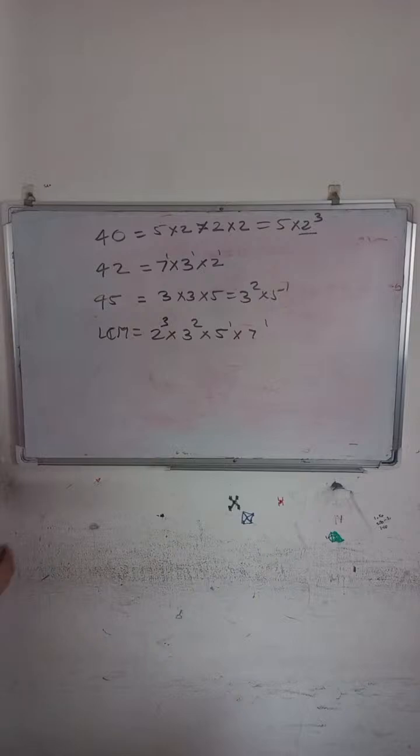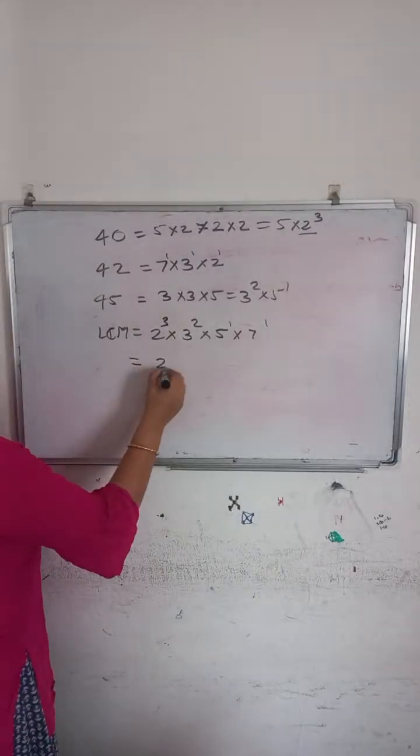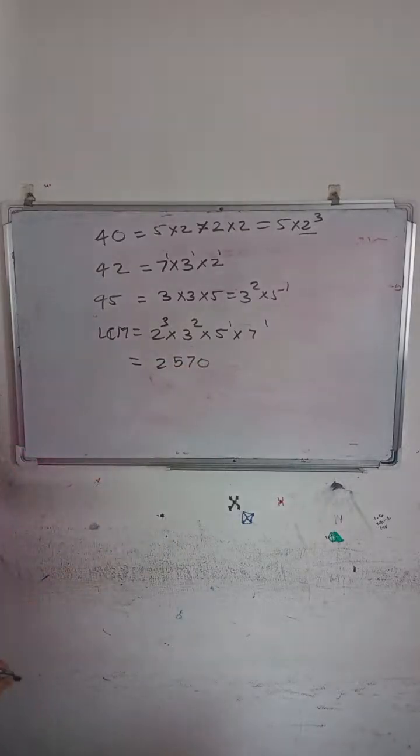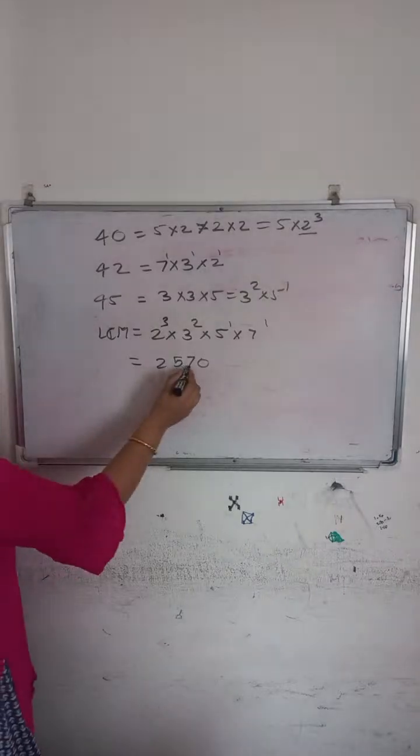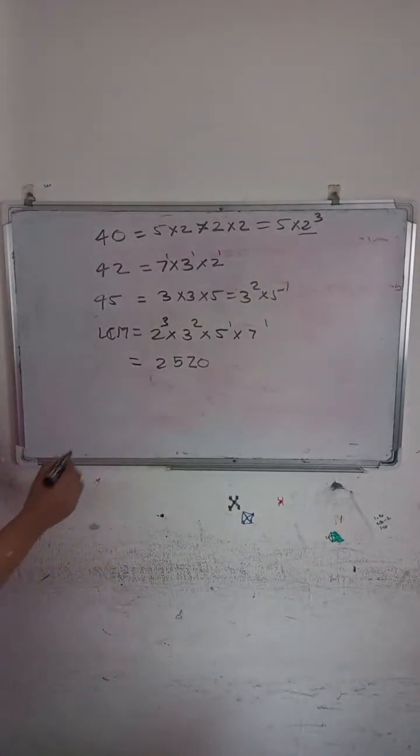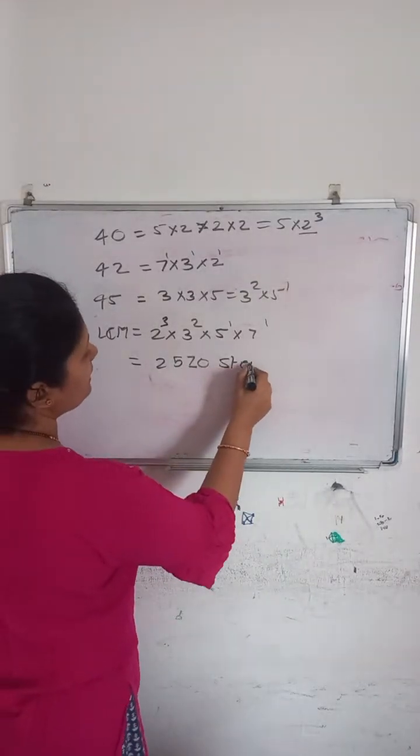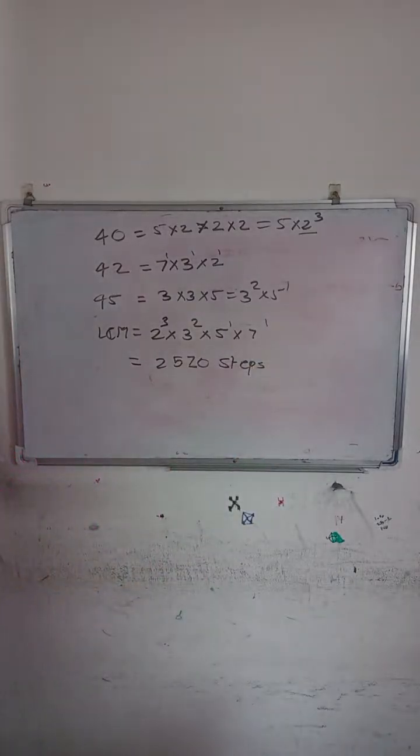If you do this multiplication, you will get 2520 steps. All three together, they did 2520 steps.